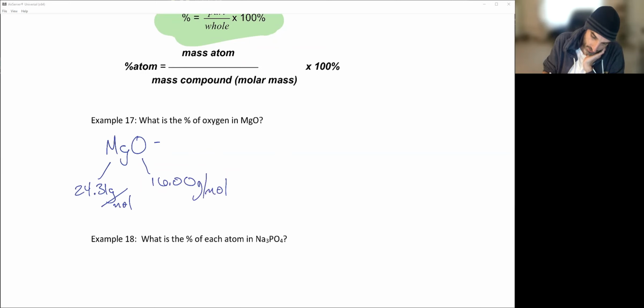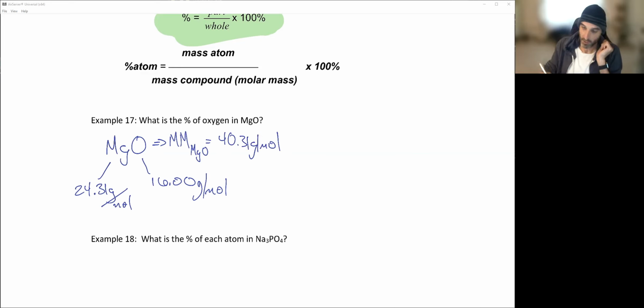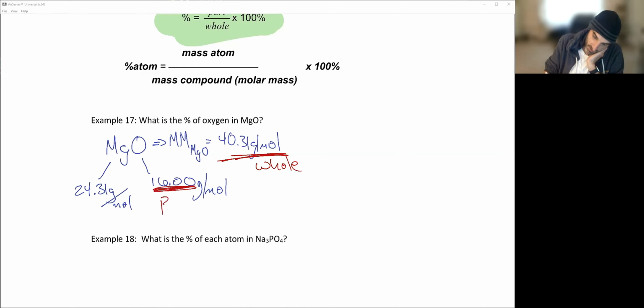Together, the total mass, so the molar mass, think about that term for just a second, the weight of 1 mole of the compound of my magnesium oxide is equal to those two values added together. All right, so 16 plus 24.31, that's 40.31 grams per mole. All right, so this right here is the whole. And if we want to know oxygen, this is the part.